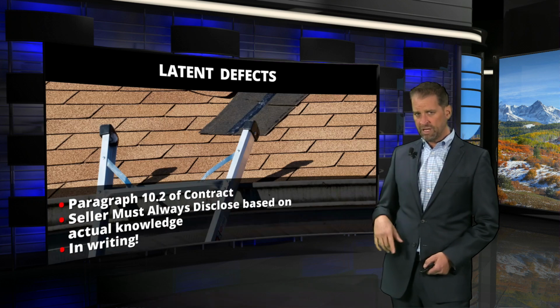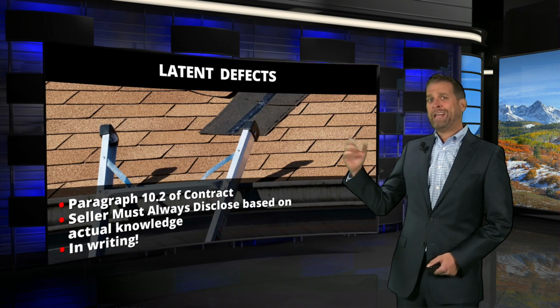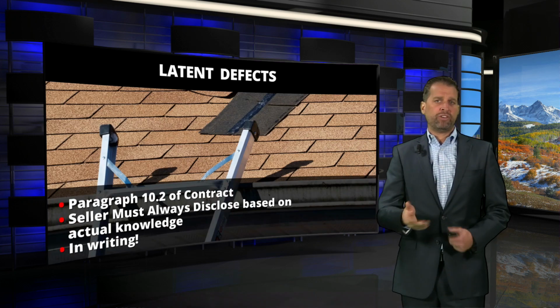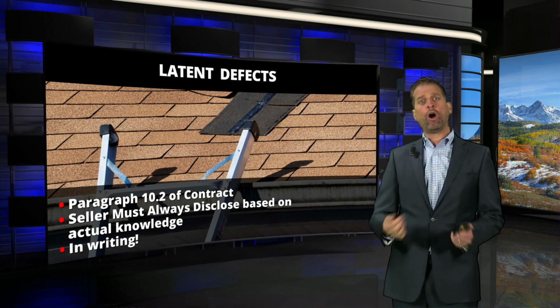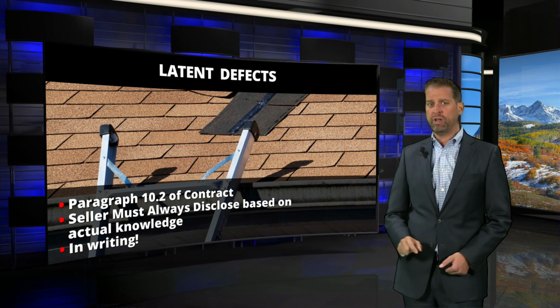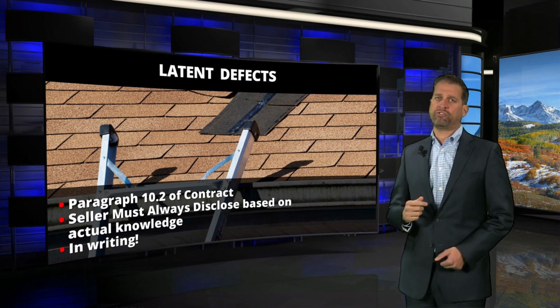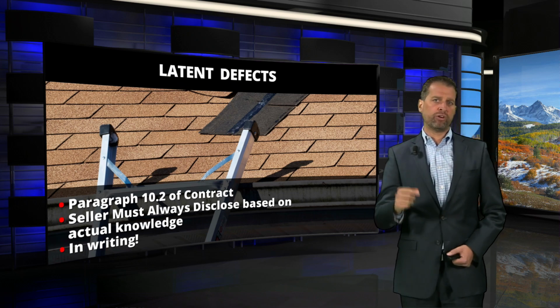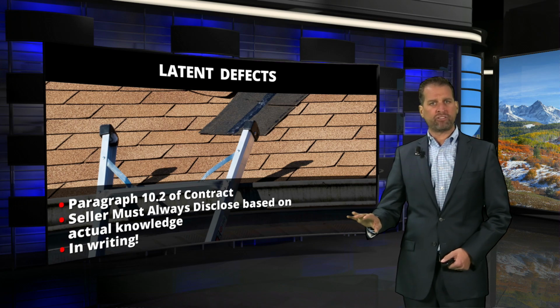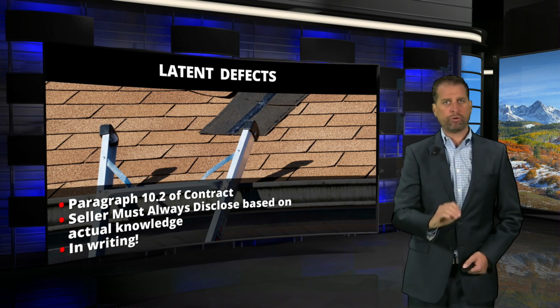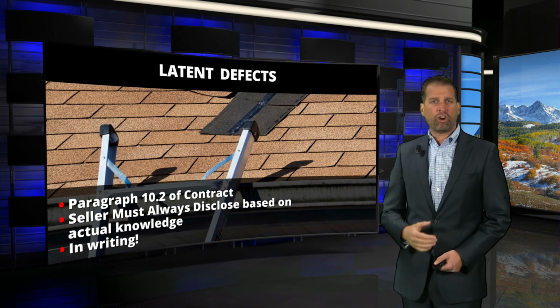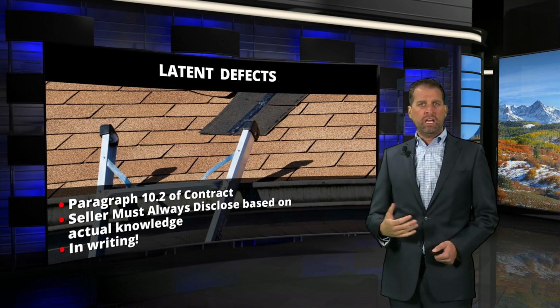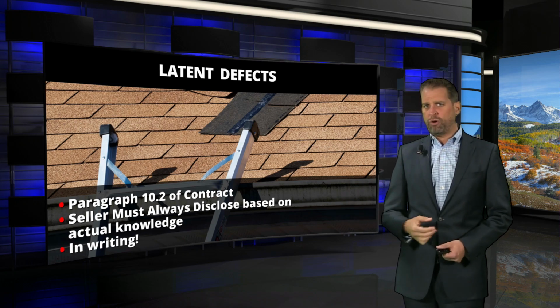misrepresentations. The next thing I want to talk about is latent defects. So in the event that your seller says, hey, I don't want to deliver a seller's property disclosure, or even if they are delivering a seller's property disclosure, paragraph 10.2 of the contract mandates that a seller is disclosing any latent defects, whether that's occurring on the seller's property disclosure or by some other writing. Latent defects are hidden defects, defects that wouldn't be naturally discovered or aren't patent defects.